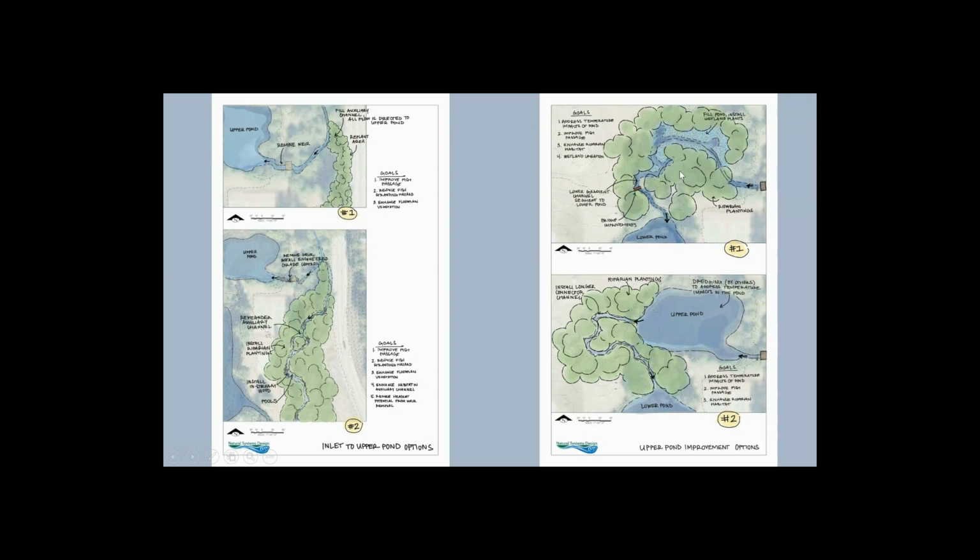This one up here in the upper right-hand corner, potentially just turning that upper pond into creating some sinuosity there and making a creek there where the pond is filling in. Maybe having a channel that comes off of the upper pond. But again, it all kind of relies on the removal of the weir, right? We've identified the weir here on the diagrams.